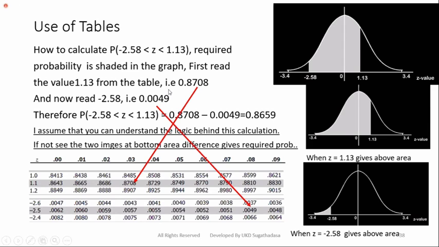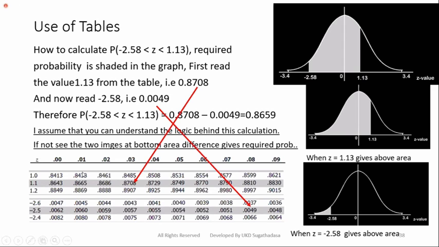See the probability. First read the value 1.13 from the table, that is 0.8708. It's here. Now read the minus 2.58, that is 0.0049 table reading. Actually, two sides have been copied, right? One is the positive side, one is the negative side. You can see the two portions. This is not one table.